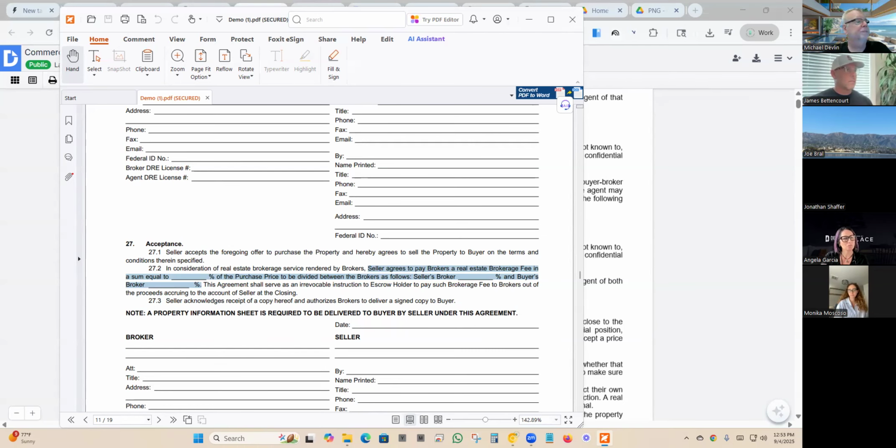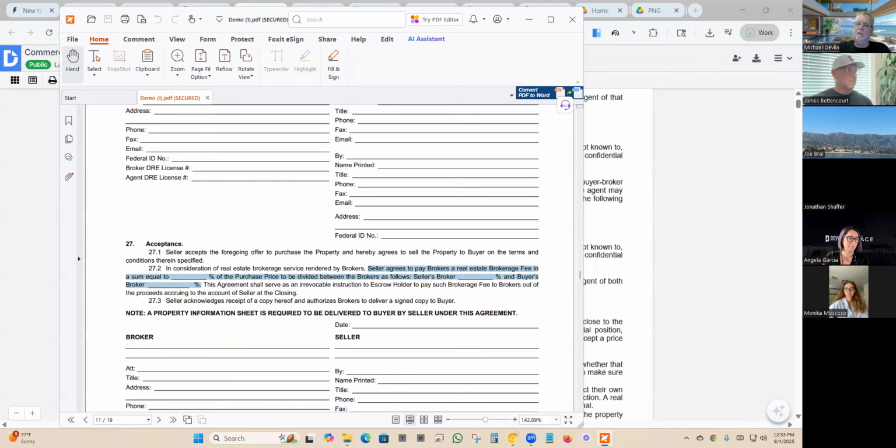Okay, so I'm guessing what the cognitive dissonance is, under the NAR settlement, the MLS settlement, is we're not really supposed to be doing this, where we're saying the seller is paying the listing agent this and paying the buyer's agent that. But none of that has anything to do with commercial real estate, right?